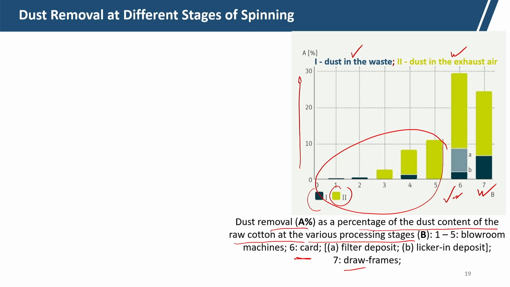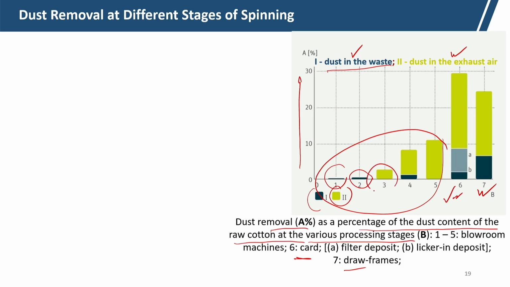Now, here you can see the dust in the waste. In the first process, 100% of the dust is in the waste and goes out from there. So, nothing comes in the exhaust air in the first blow room line, even the second blow room line.